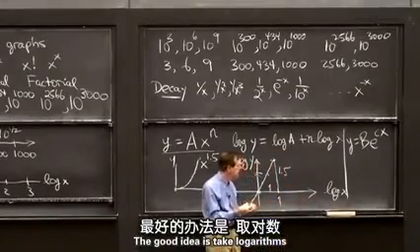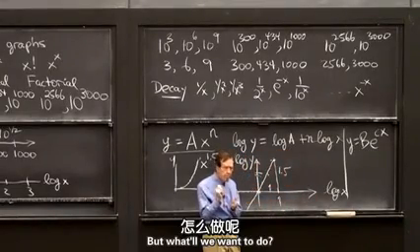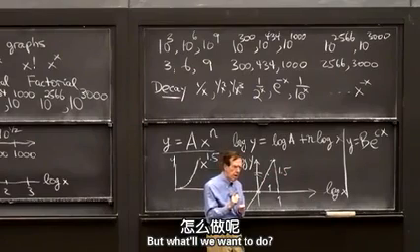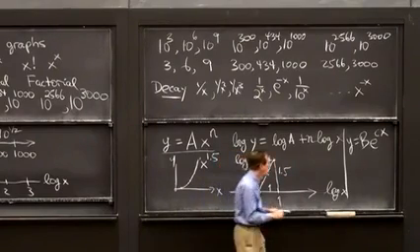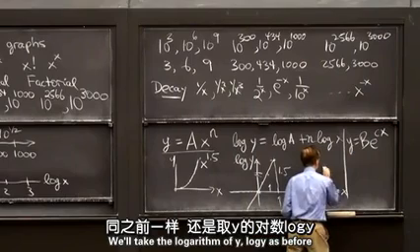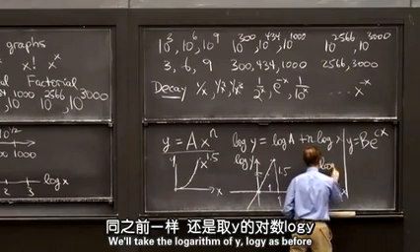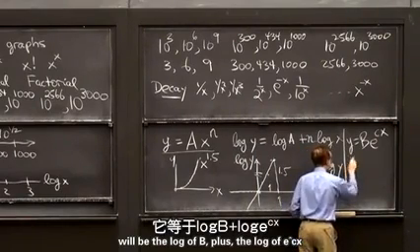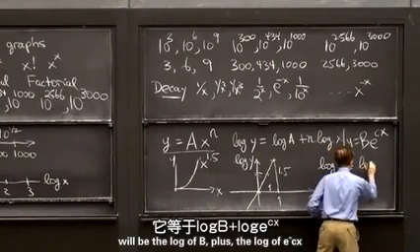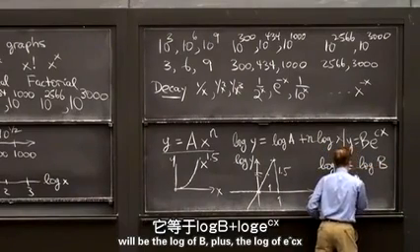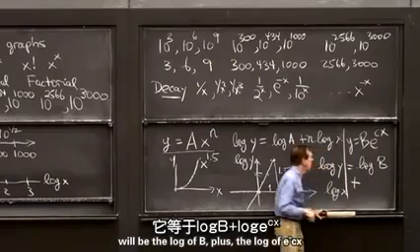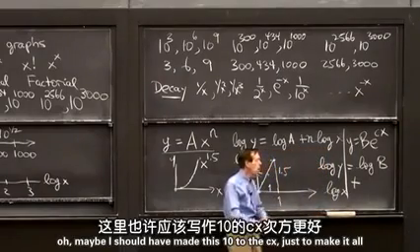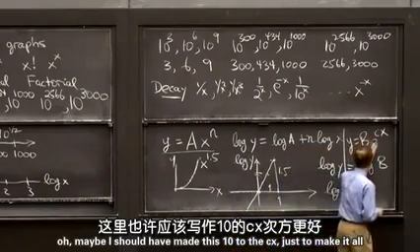The good idea is to take logarithms. We'll take the logarithm of y, log y, as before, which will be the log of b plus the log of e to the cx. Maybe I should have made this 10 to the cx.